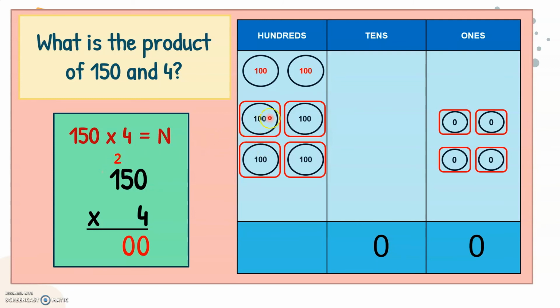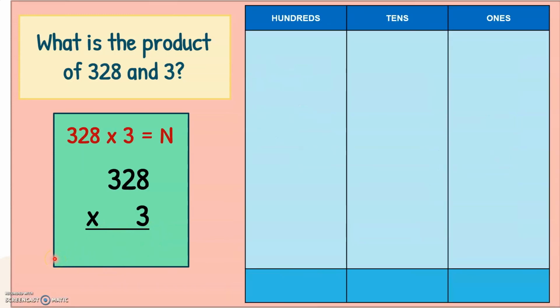So, let's count. 1, 2, 3, 4 plus 2, 5, 6. The answer is 6 hundreds. Therefore, our final answer is 600. Next, for our last example, what is the product of 328 and 3?